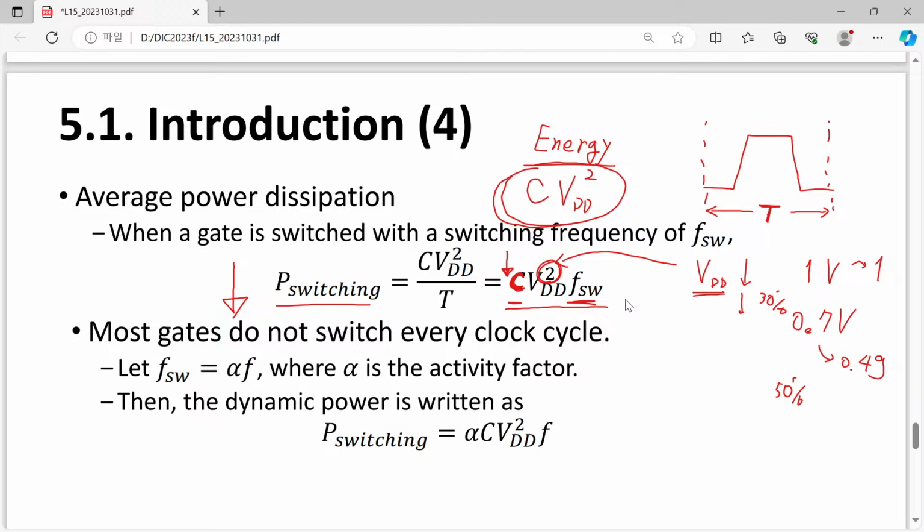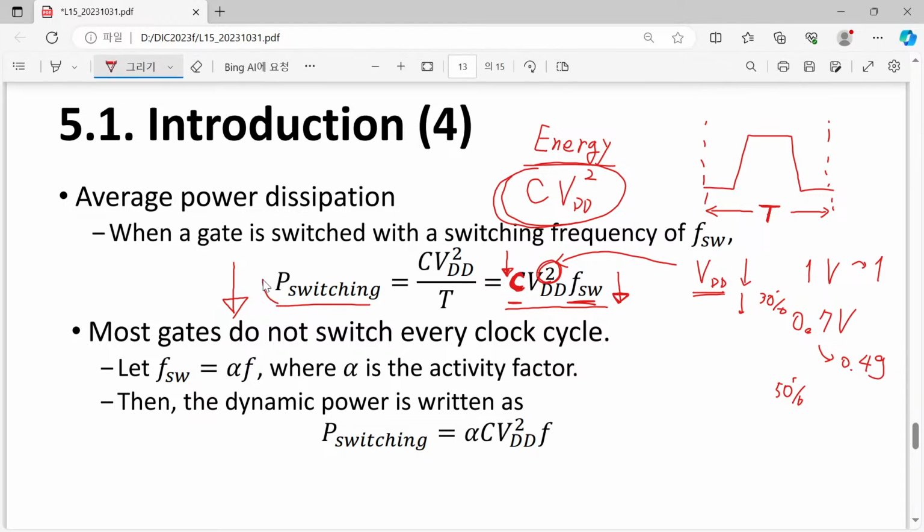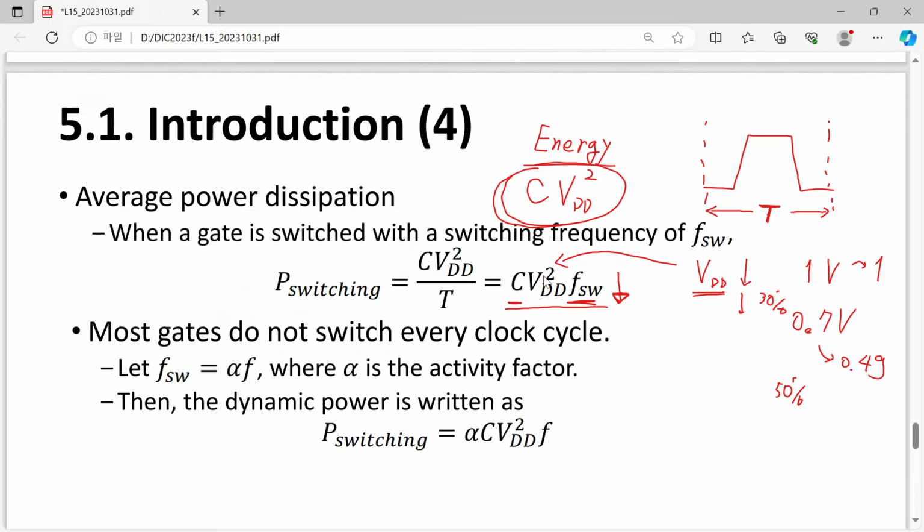Of course, another one is reducing the operational frequency. For example, if we never switch the system on and off, then the power consumption due to this switching will be completely zero. But this is not a reasonable way to reduce the power consumption.